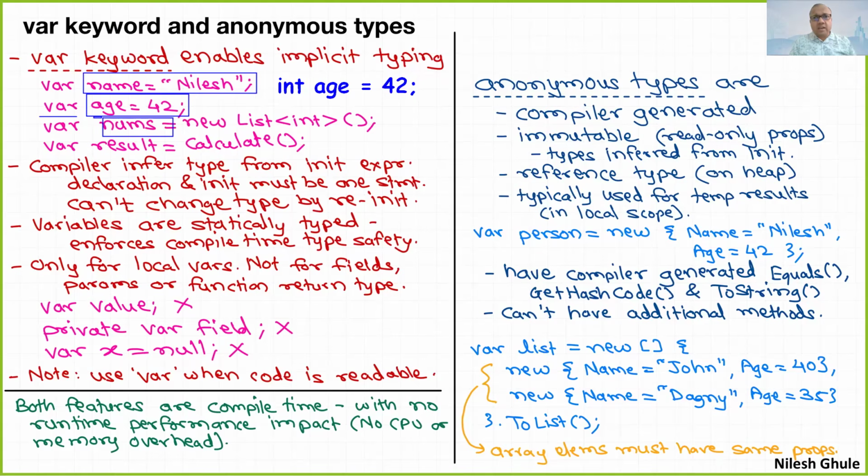It is not mandatory that you are only assigning an object or the actual value straight away. You might even call some function, and then the return type of that particular function will be considered as the data type of our variable. This is also possible. Let me give you some examples.